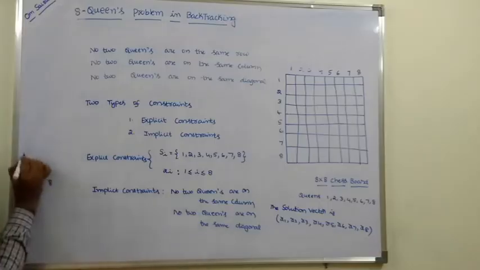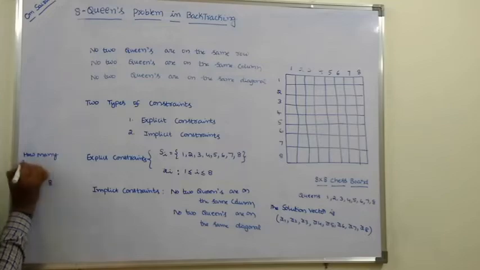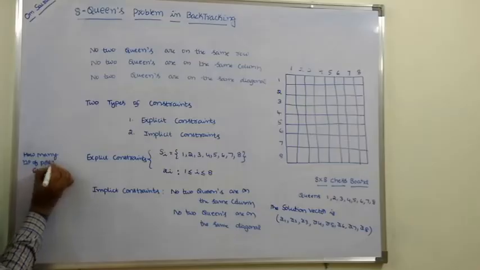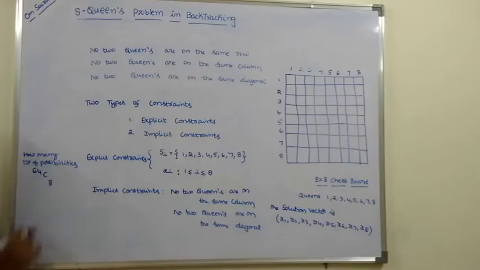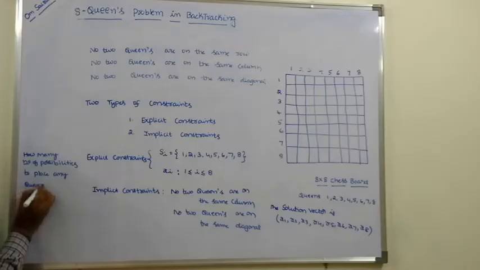So how many possibilities are there to place any queen on an 8 by 8 chessboard?